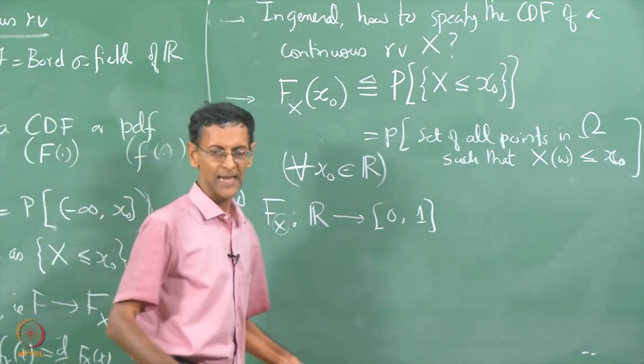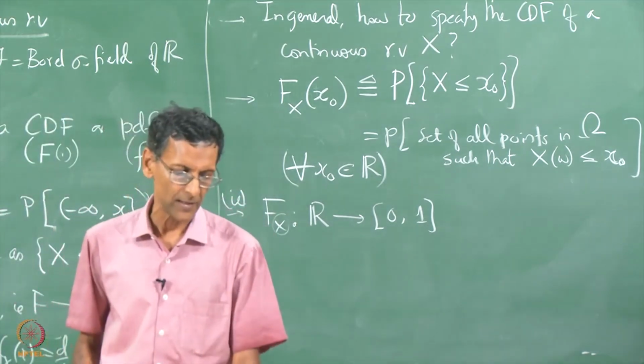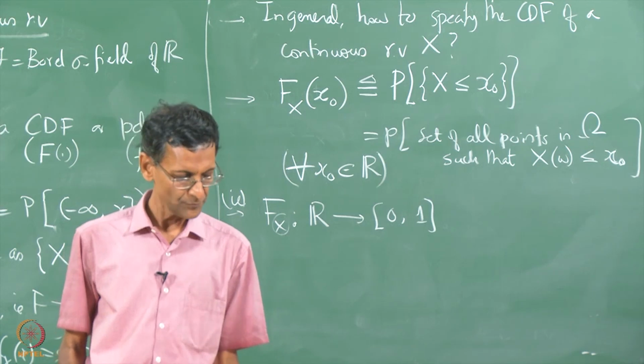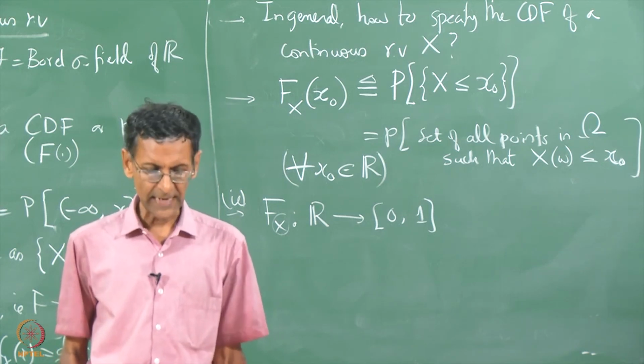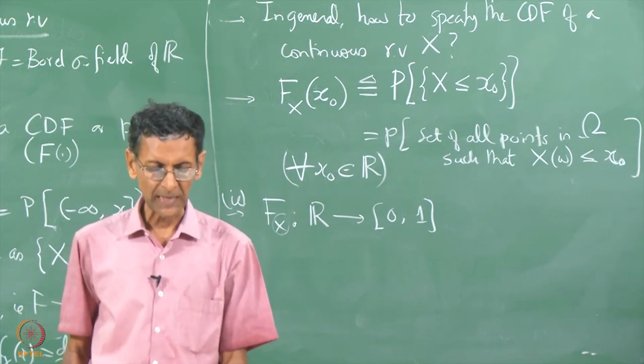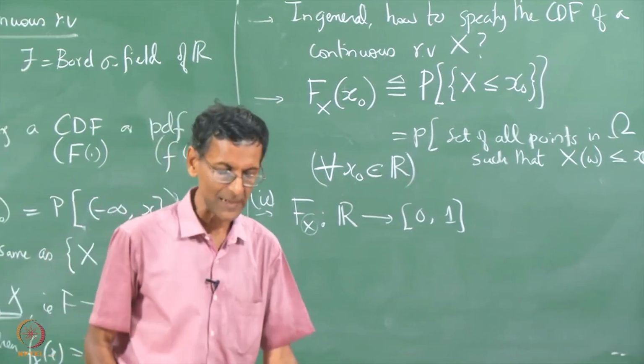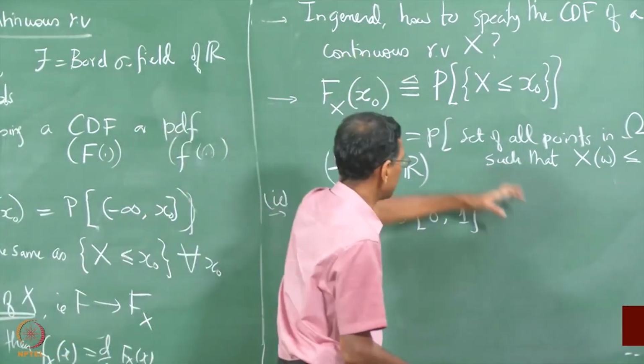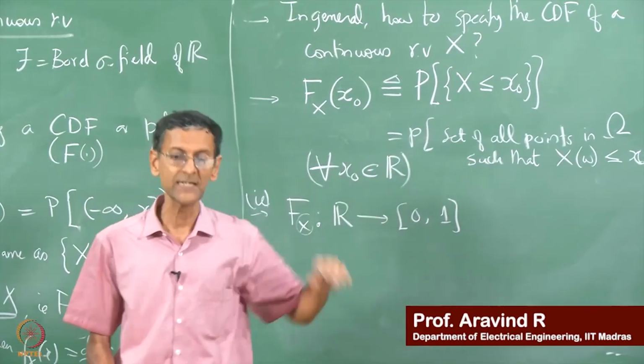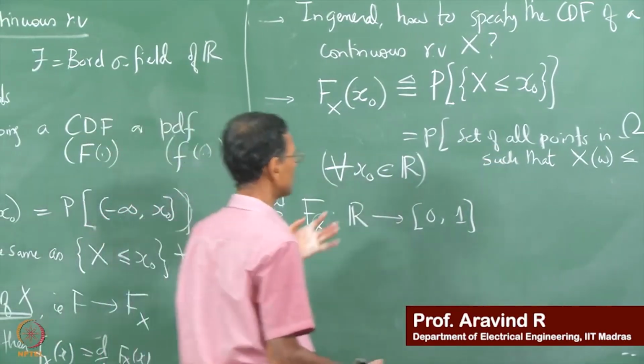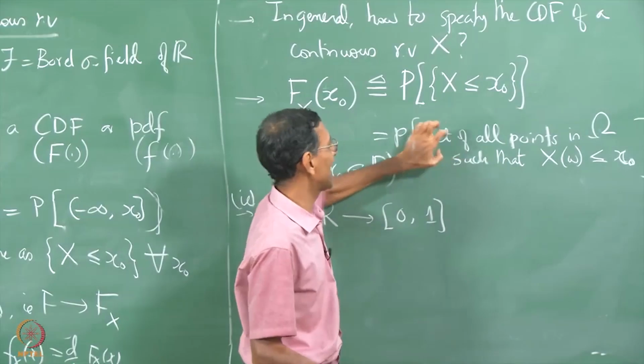Now let us take the case of the spinning pointer. Go back to the spinning pointer example and see how we can mathematically go through this, where it is easy enough to do, so we do not have to break our head on how to calculate this probability.